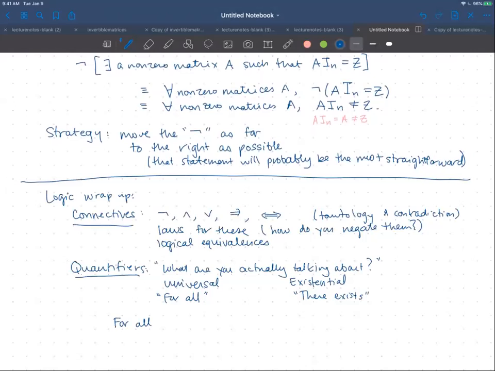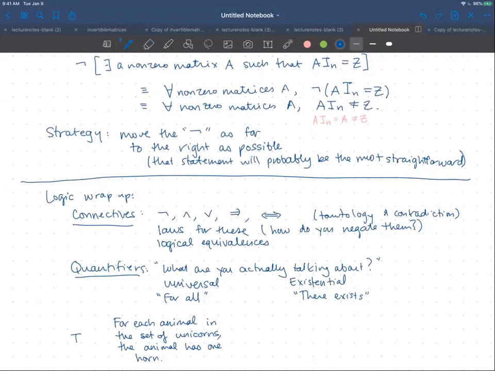And I'll leave you with a little bit of food for thought. Say for each animal in the set of unicorns, the animal has one horn. I would say that this is a true statement.